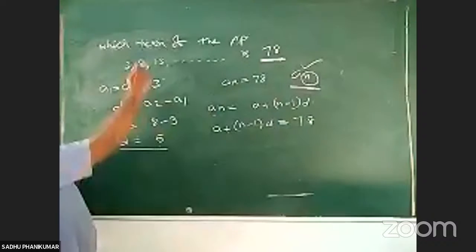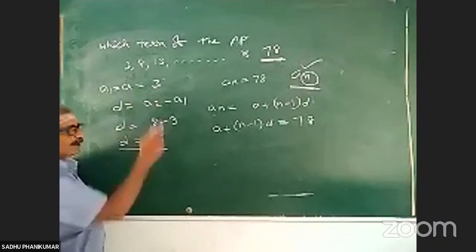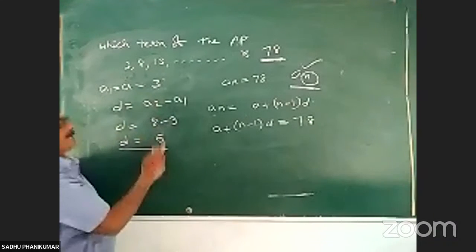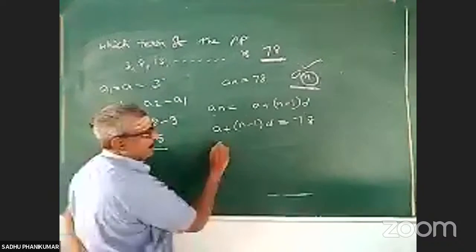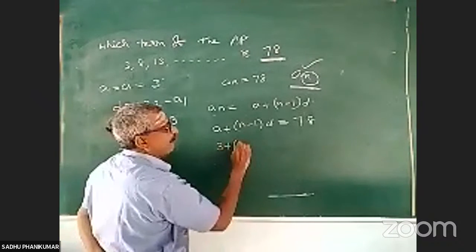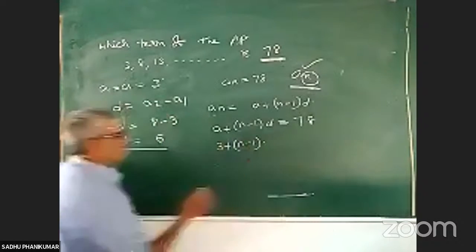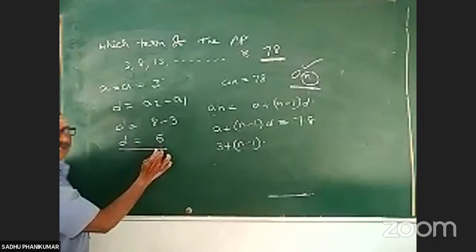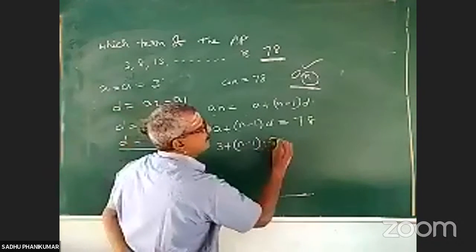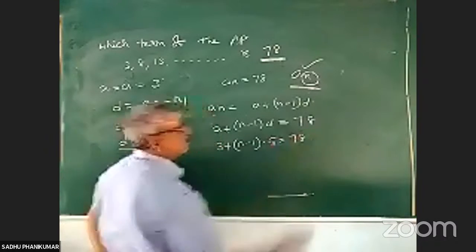Now we know the value of A and also the value of D. So substitute the value of A: 3 plus N minus 1 into D. We have already found the value of D, that is 5, is equal to 78.